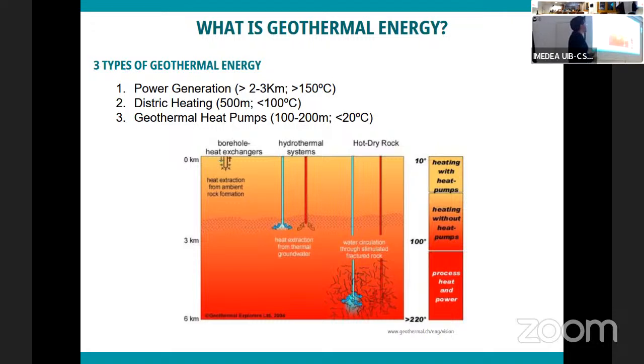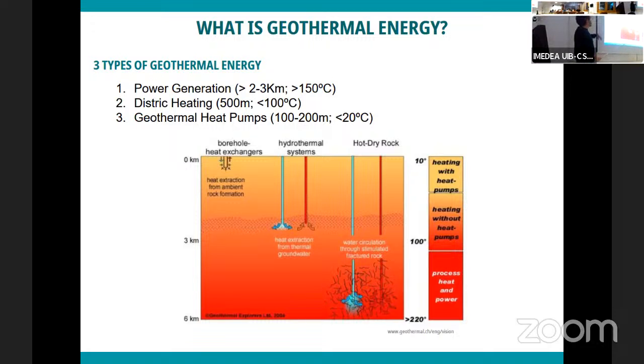There are three main uses of geothermal systems. The first one, when you think about energy, is electricity, but electricity is not the most frequent use of geothermal energy. We have to drill boreholes of more than 2 kilometers to find temperatures higher than 150 degrees.